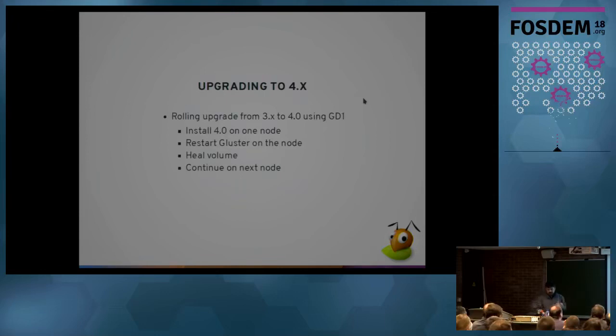Once the heal is completed, you move on to the next node. By doing this, clients always have access to the data on the volumes during the upgrade process. So you move from the 3.x release to the 4.0 release without any downtime for clients.